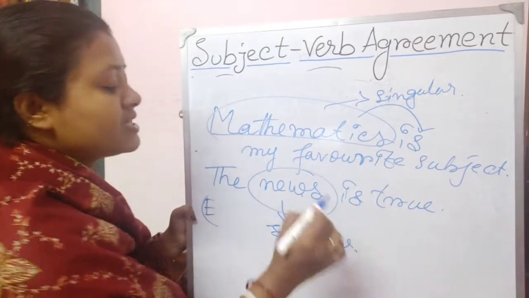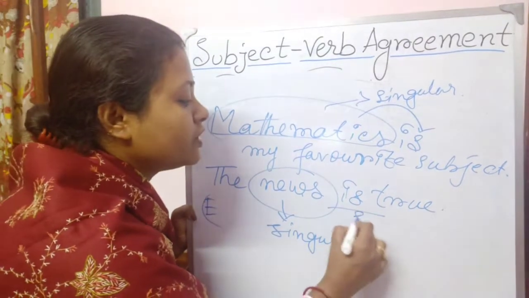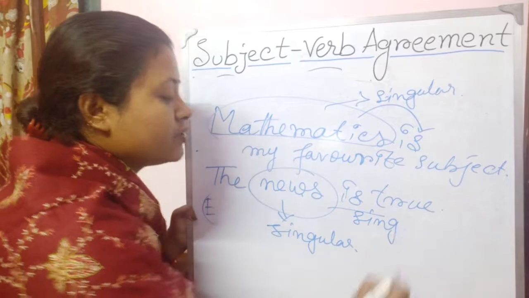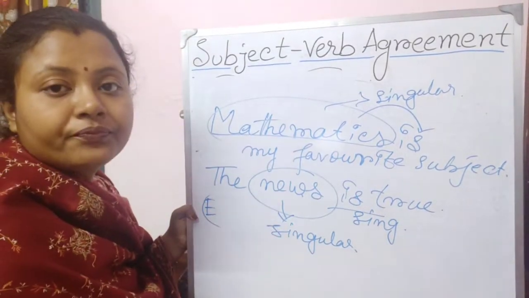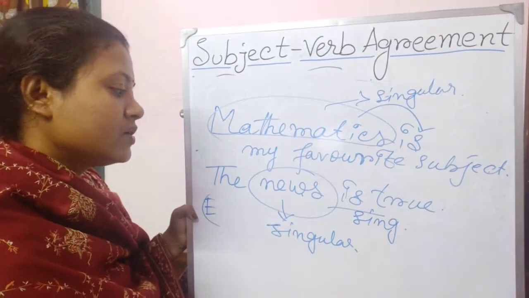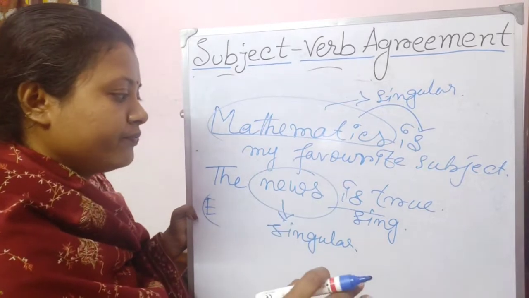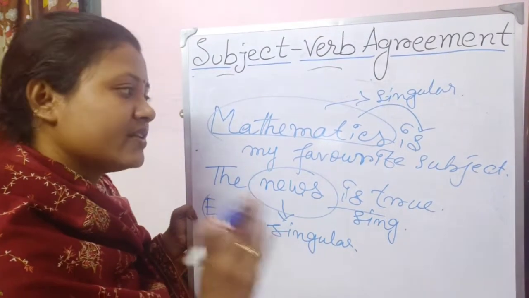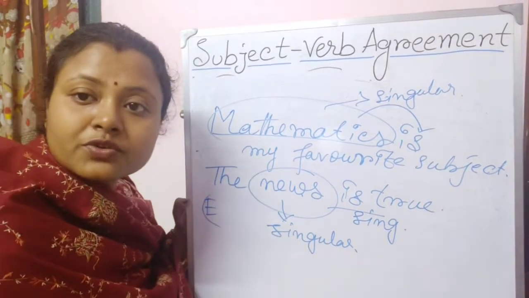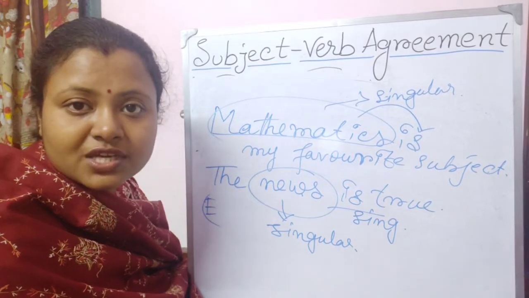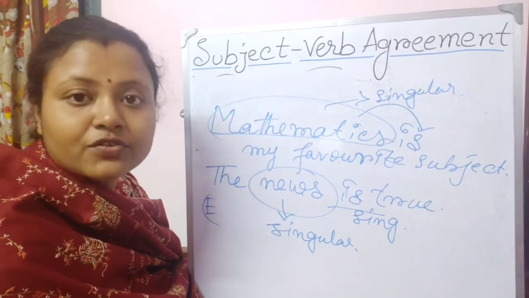The subject is singular, so a singular verb will follow. You cannot write the news are true or the news were true. You can write the news is true, the news was true. So I hope, students, this much you have understood today. And thank you for watching.